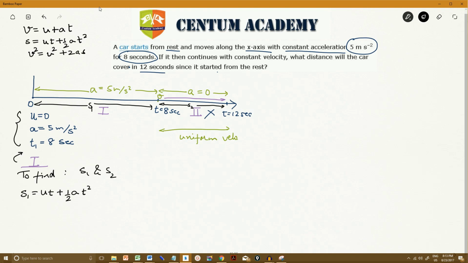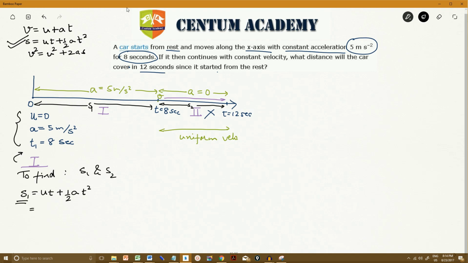Out of all these, we'll use the equation in which the most number of variables are known. For example, u is known, a is known, and time is known, but v is unknown. So the best equation to be used is the second one, and directly we have been asked for s1 also.